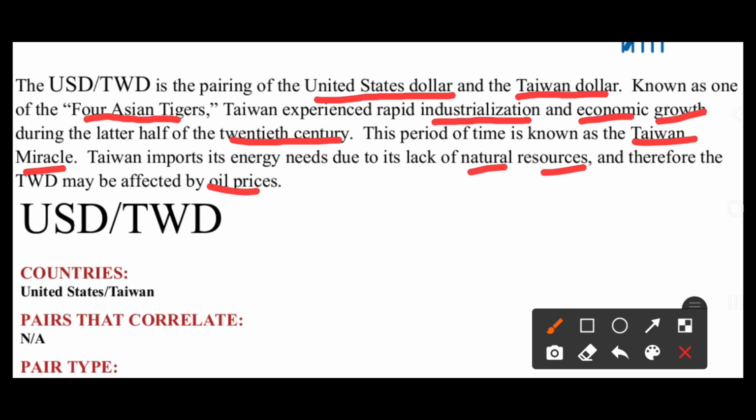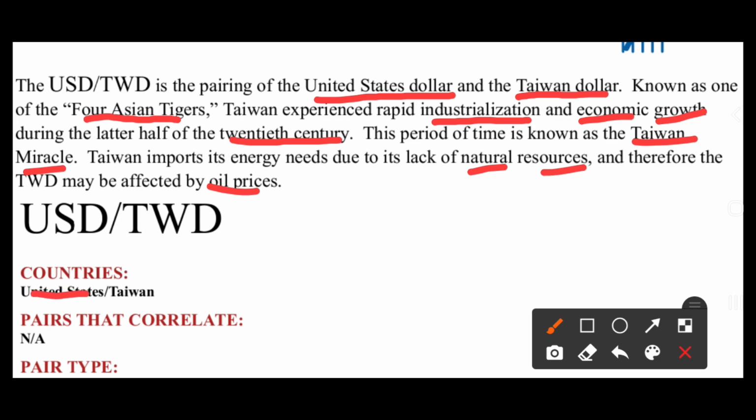So when you are doing research because you want to trade it, you should also research the oil barrels, how they are working from Saudi Arabia to Canada and all these countries that produce oil on a larger scale.